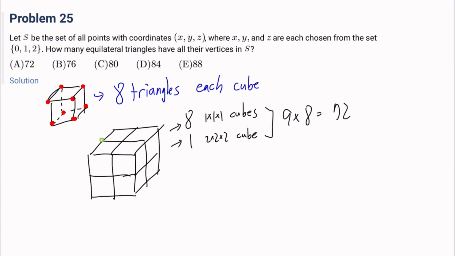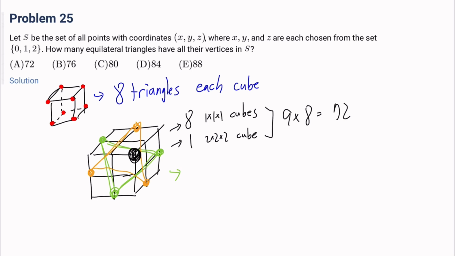If you look at here and here and here, if you connect those lines, then that would make an equilateral triangle that has this at the center. We have this triangle, or we can have the same thing but at different angles, like right here. So this will be one more triangle with the center at this one, right?